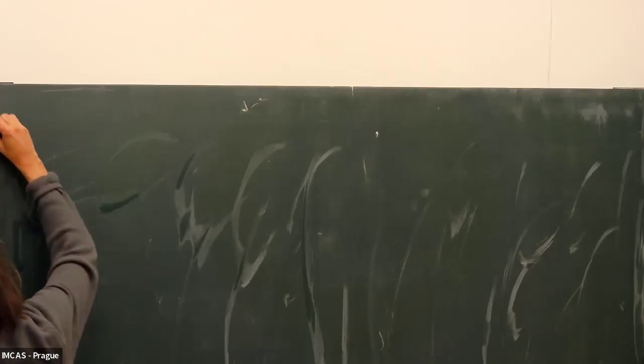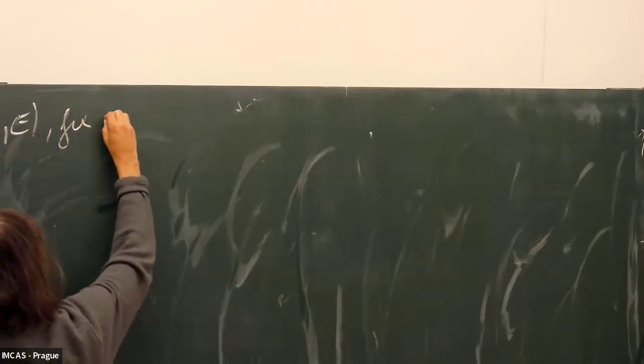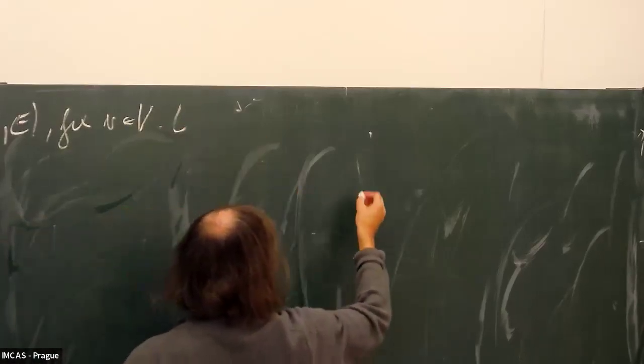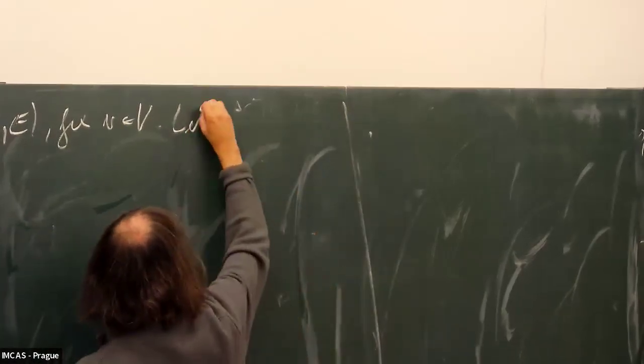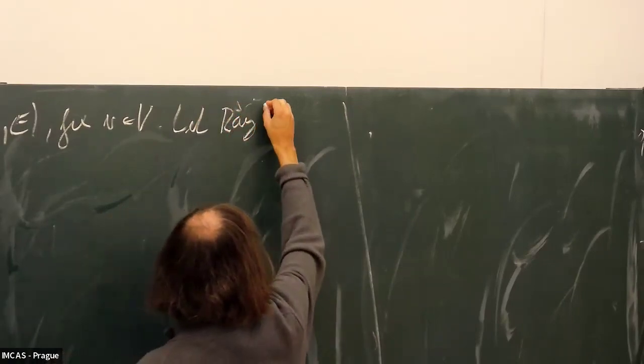So now we have some graph, and we fix some base point, some vertex. And now we consider the space of all geodesic rays stemming from this fixed point.